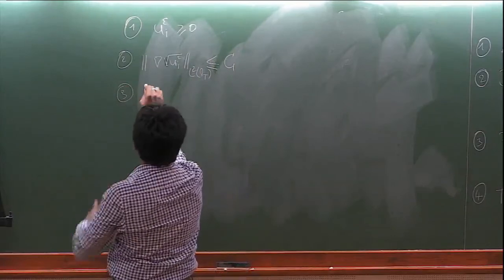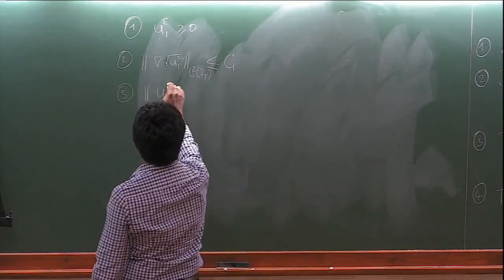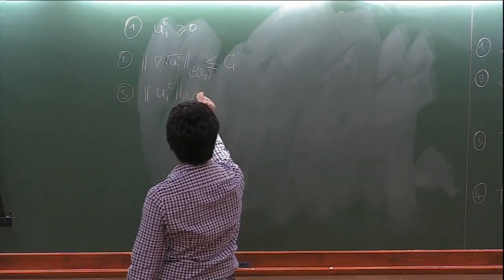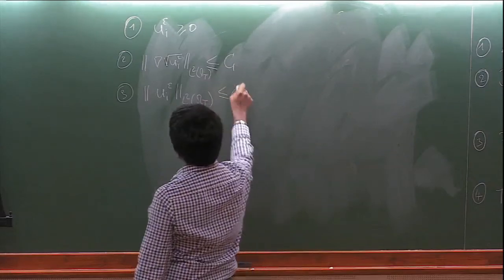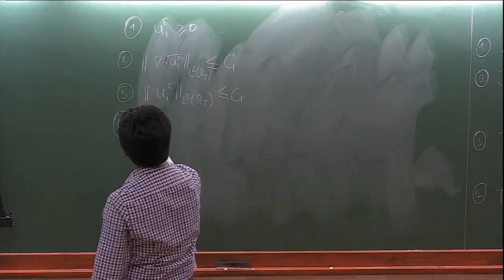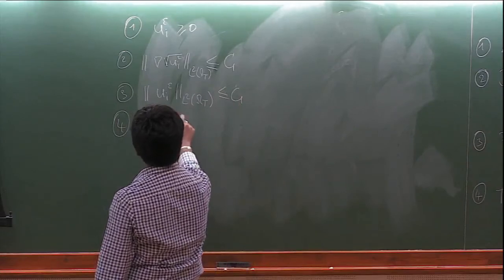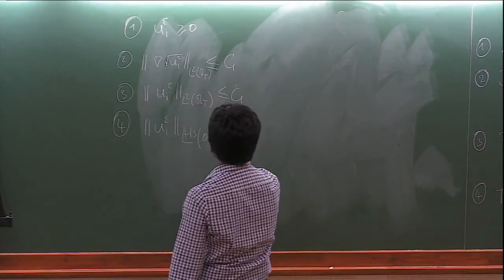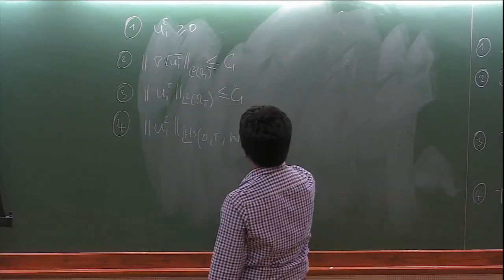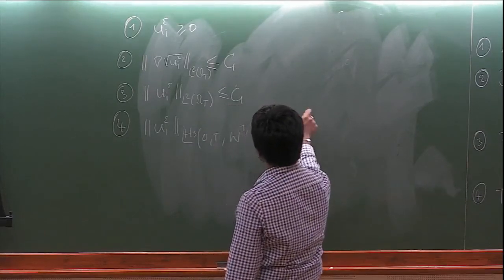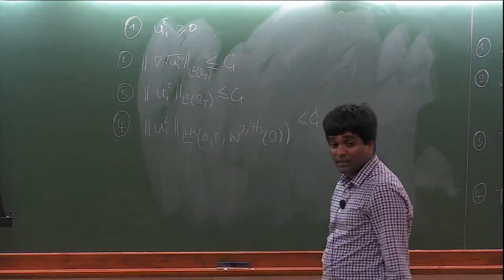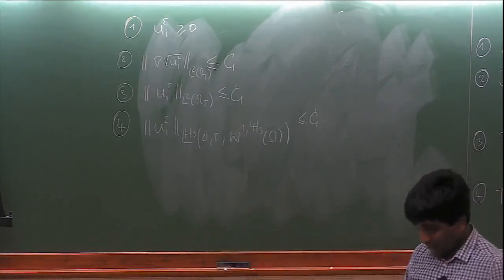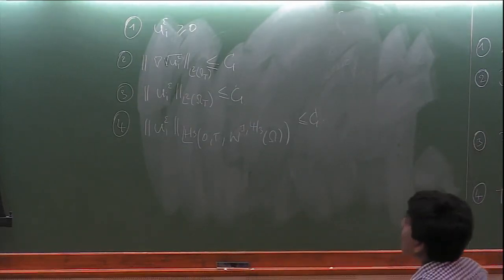Then we have shown that u_i epsilons are bounded in L2. And finally, we have shown that they are bounded in L^{4/3}(0,T; W^{1,4/3}). Okay? That's the 4 steps we have done for each i.